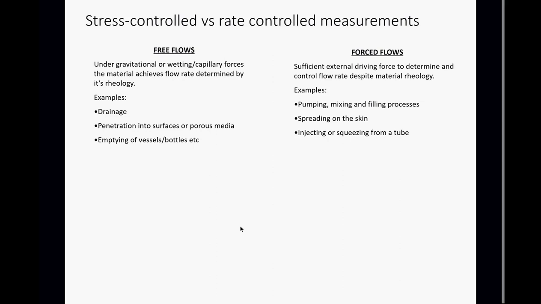Gravity and these capillary forces are applying stresses, but the rheology of the paint determines what's going to go on from there. And so these are analogous to controlled stress tests, the free flow situation, and controlled rate tests, the forced flow situation. So this is a useful way to think about this.